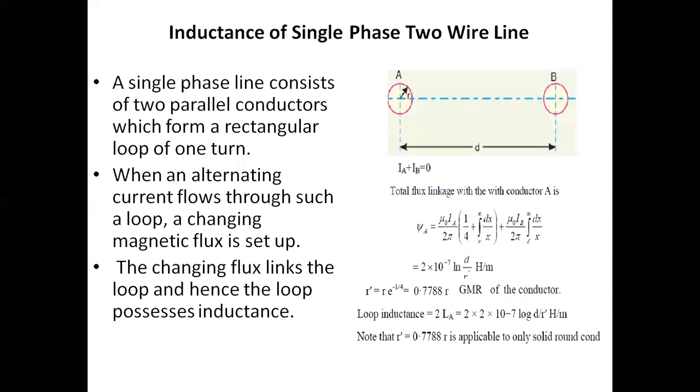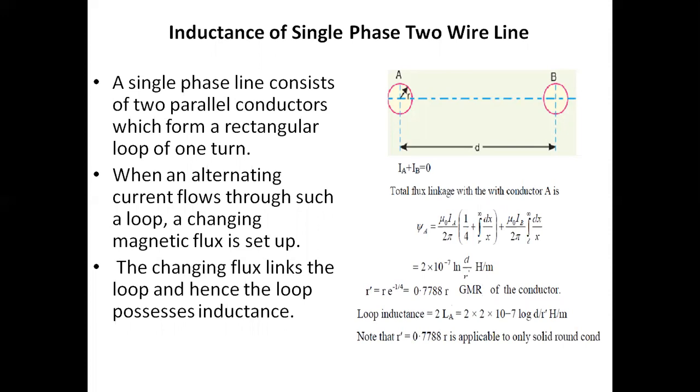Next, I'm going to find out the inductance of the single phase two wire line. It has two conductors A and B. These two conductors are separated by a distance of d meters, and the radius of the conductor I will take as r meters. The current flowing in conductor A is IA, and the current flowing in conductor B is IB.